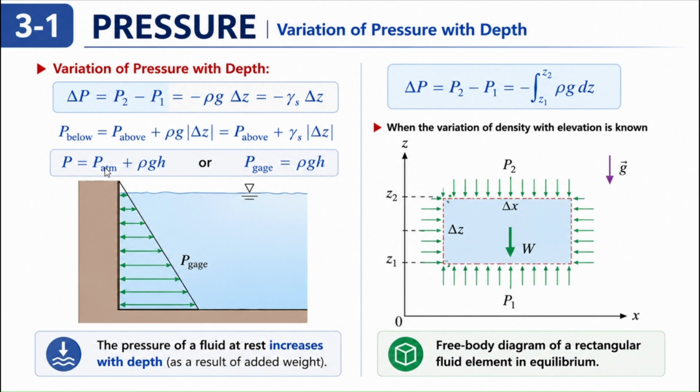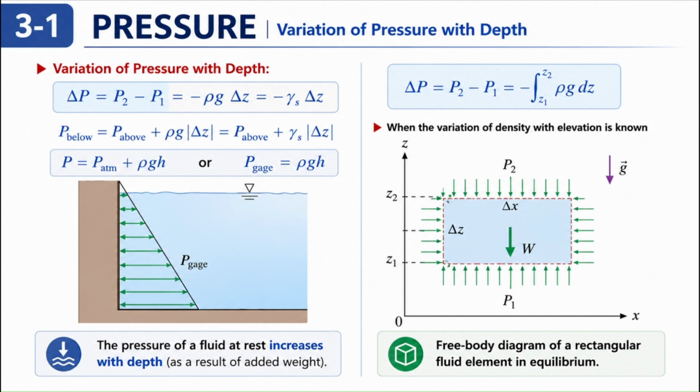Now for liquids which are open to atmosphere, you can write P equal to P atmosphere plus rho gh, or you can combine P and P atmosphere in this format, which is P gauge equal to rho gh, where h is the depth below the free surface.